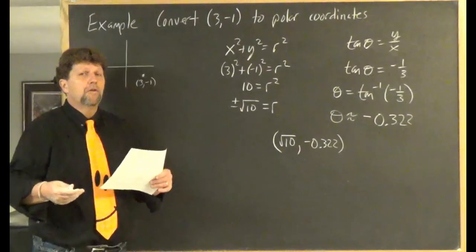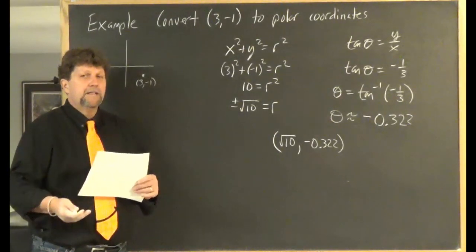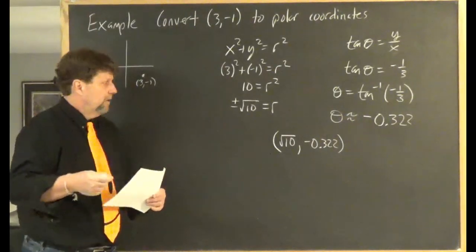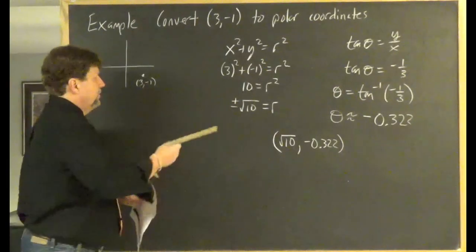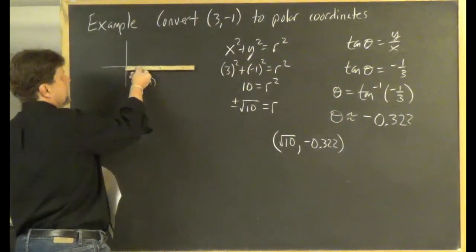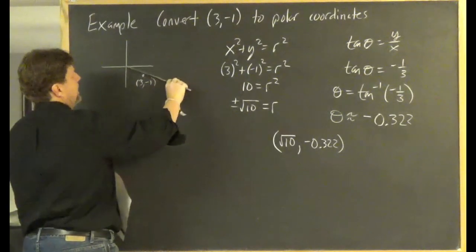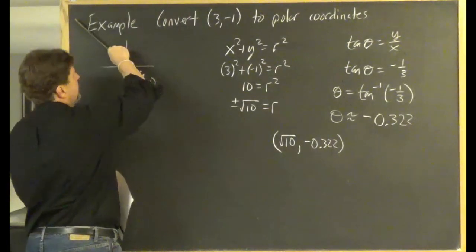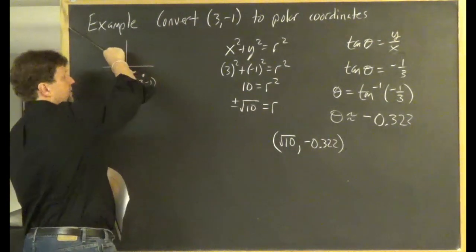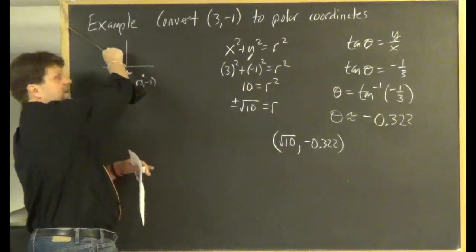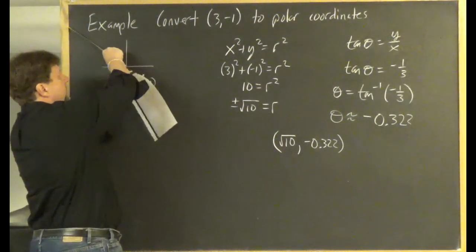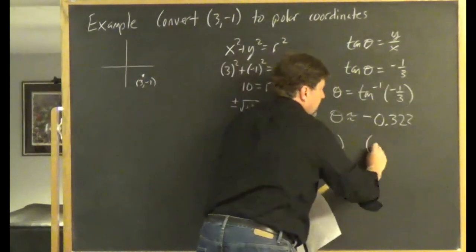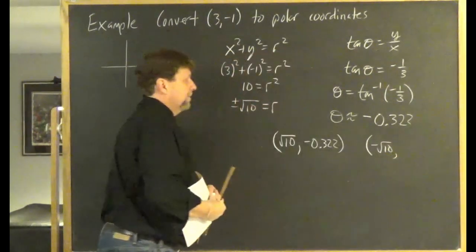But if you were told theta has to be positive, say between 0 and 2 pi, you can't rotate this way, since that's a negative measure. You'd have to rotate your polar axis to about right here. And if that's where the polar axis stops, to get to this point you would be using a negative r, so that would be negative square root 10.